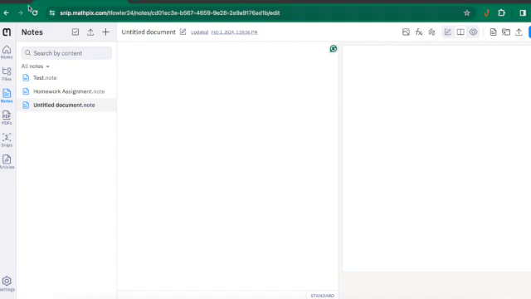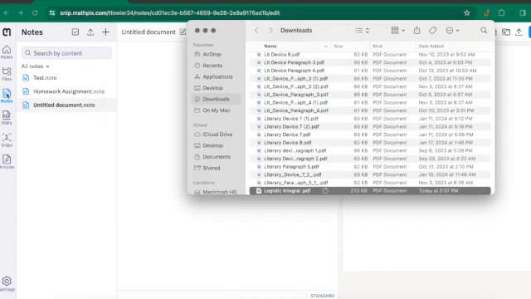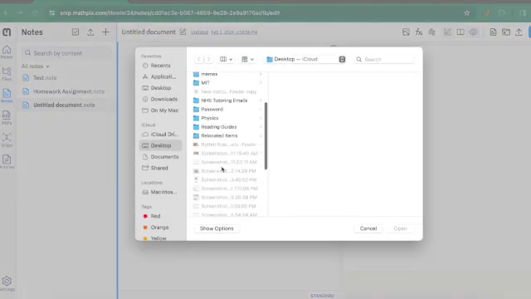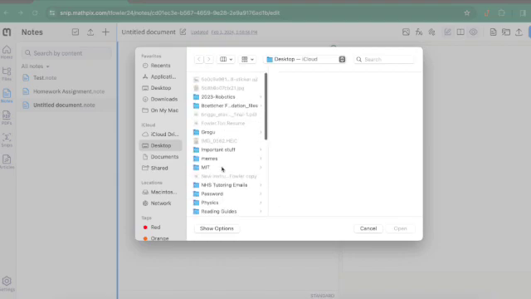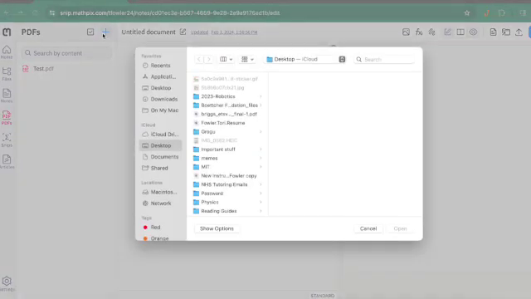So I have this note here, and it's called logistic integral. So what you're going to do is click this plus sign up at the top and then go upload. Here we go, with a PDF.